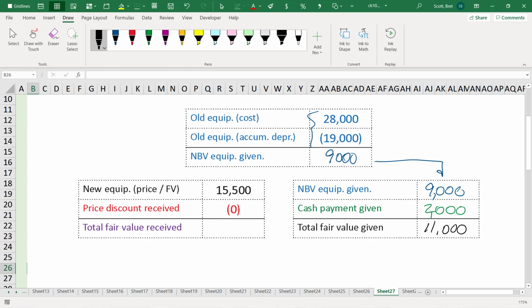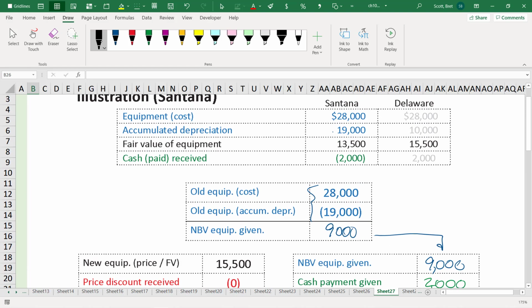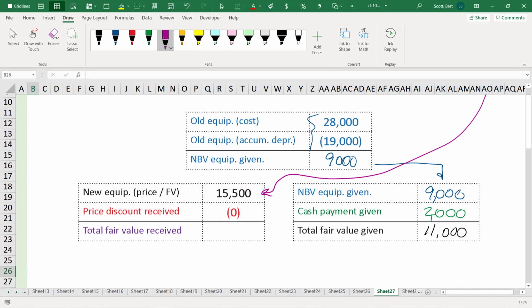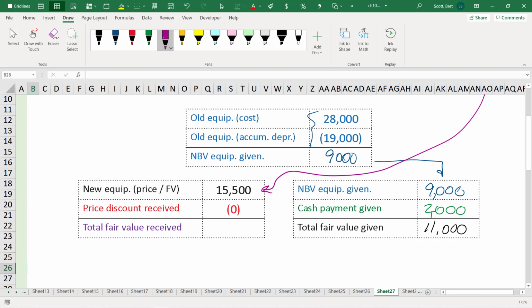What's the value that's being received? Well, you can scroll back up here. You can see that the fair value of the equipment that Delaware is giving is $15,500. So down below, that's where we put the $15,500. And we'll assume that there's no discounts being offered in this case, no trade-in values, etc. So the total fair value that I'm receiving, we'll just say, is $15,500.